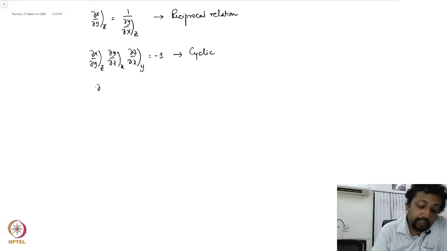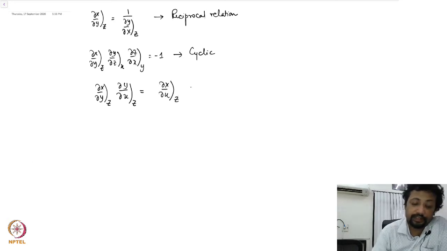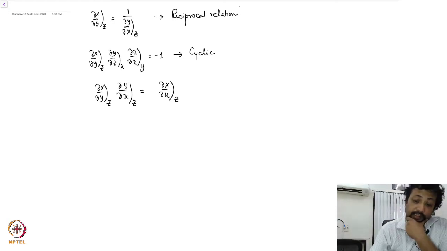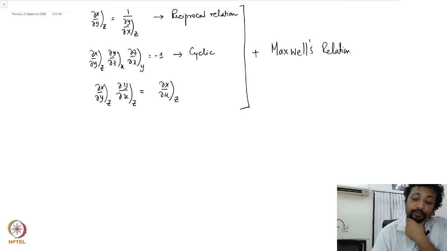And finally, del x del y at constant z times del y del u at constant z gives del x del u at constant z. This is the chain rule of differentiation applied to partial derivatives. Plus, what is going to come to our rescue is called Maxwell's relation.